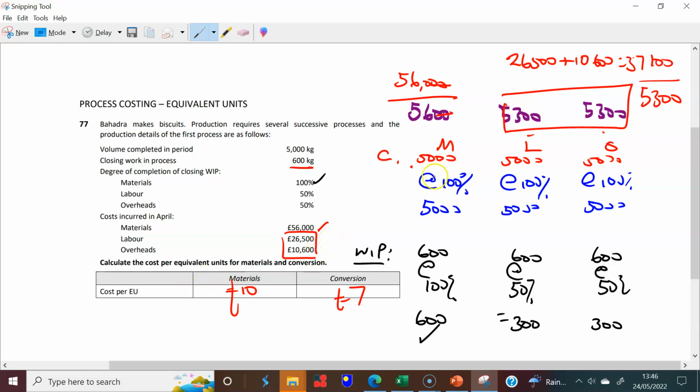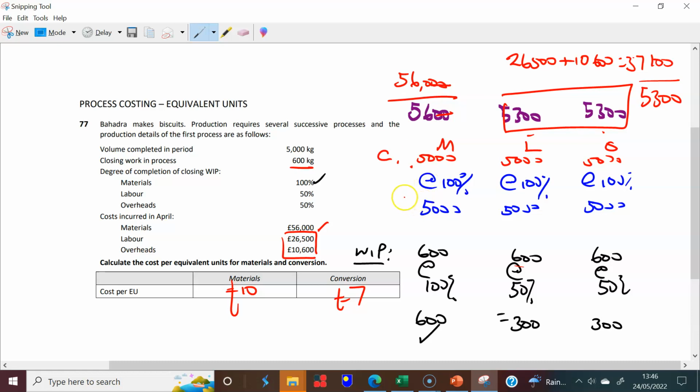What you're always trying to do is find the equivalent units for WIP, and then you can deal with the costs individually. Right, okay, great stuff. That's how we do this.